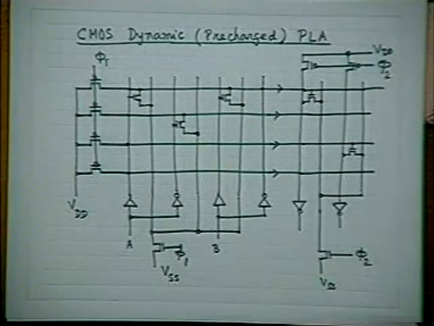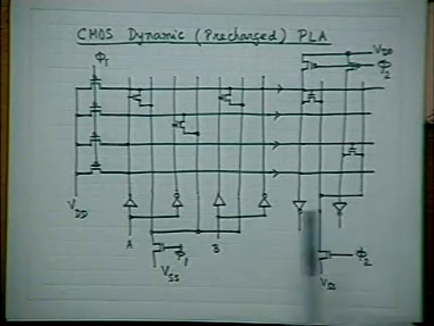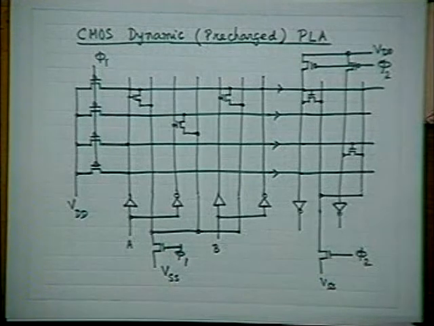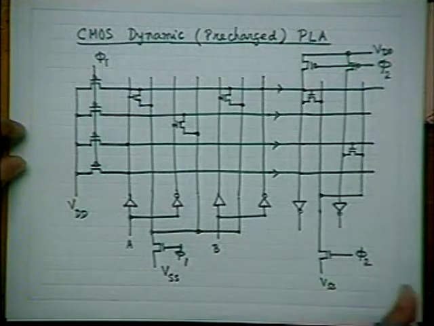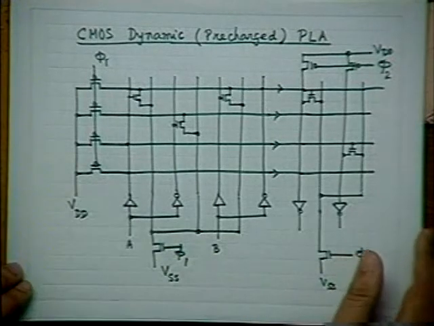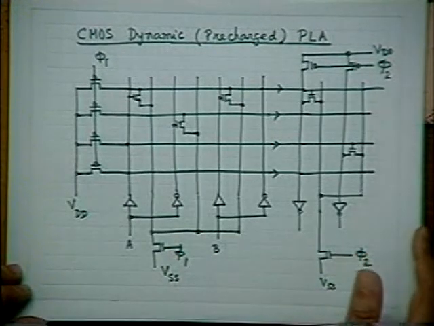And then the cascading question is coming. Then what has to be done? Inverters. Fortunately, inverters are already there. So the problem is not there. That is the advantage of this particular configuration.